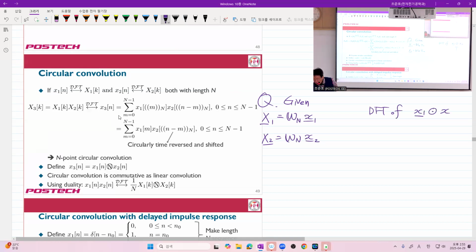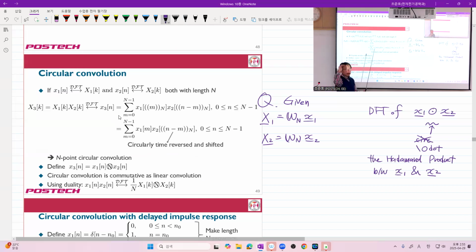By the way, is this circ? No, it's \odot in LaTeX. \odot is called the Hadamard product. And it's very simple.